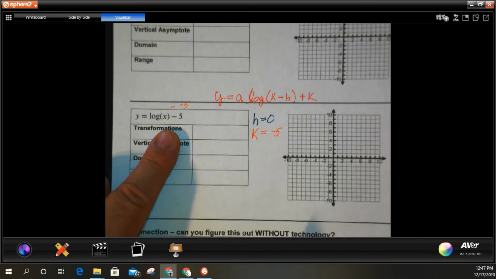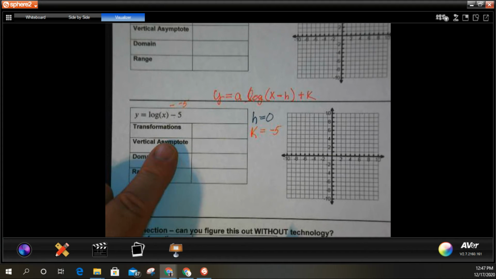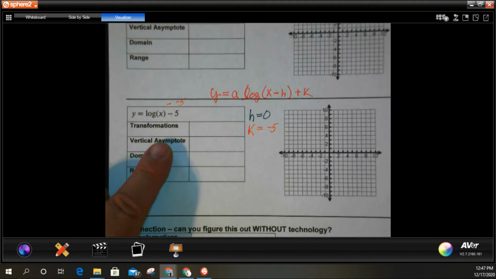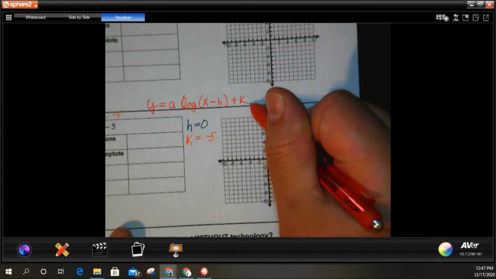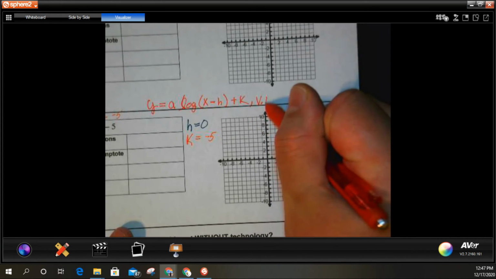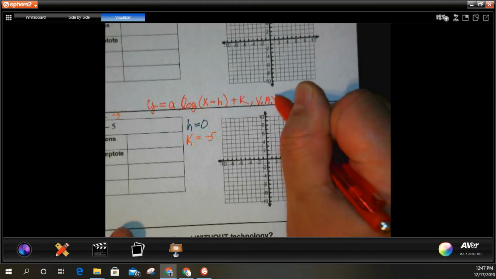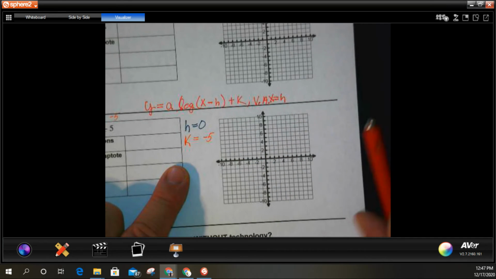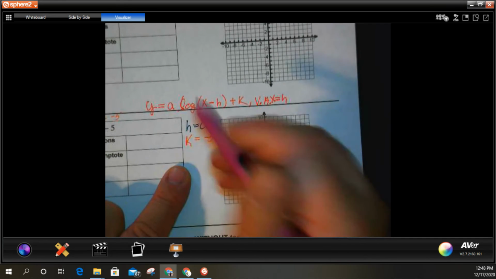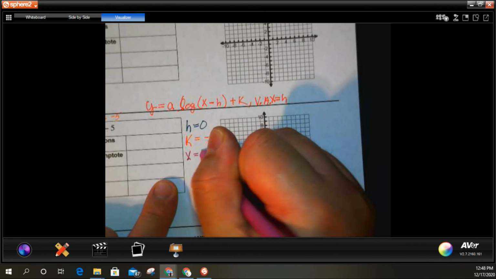Okay, a couple of things we learned here. Vertical asymptote is x equals h. So my vertical asymptote here is going to be x equals 0. My domain, let's see, we figured out what domain was, right? I should have separated this a little more.